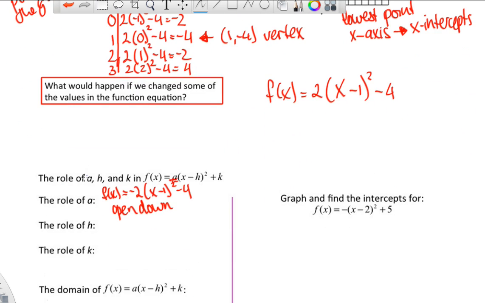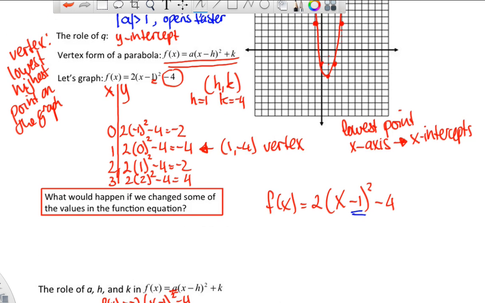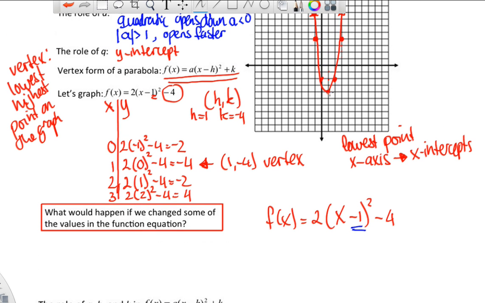The role of h: if you change h, and I don't think I gave myself enough room. Hopefully I gave you guys a little more room. If you change h, then that moves your vertex coordinate. H was this one, right? And h represented a movement this way.